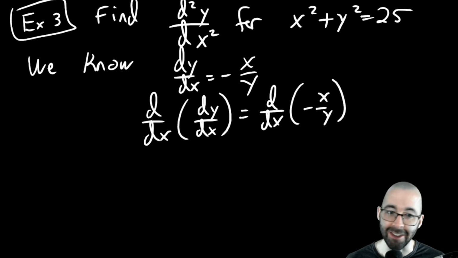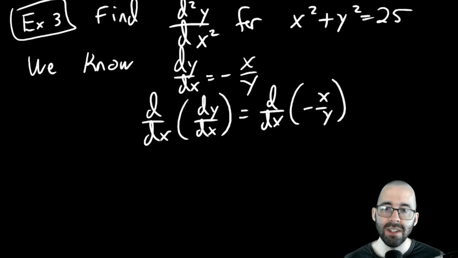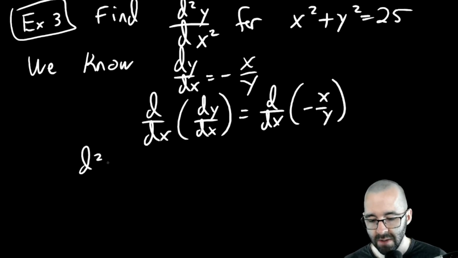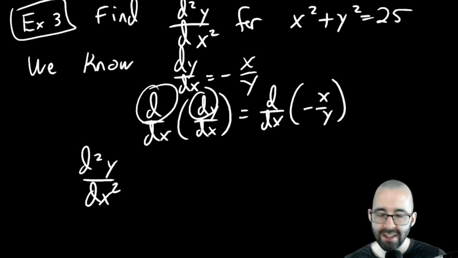So this is going to be a little fun. So what is the left-hand side? We're just taking the derivative of the first derivative. The left-hand side is just the second derivative. This is where the notation comes from, d squared y over dx squared. Again, it's not algebra, it's just notation.